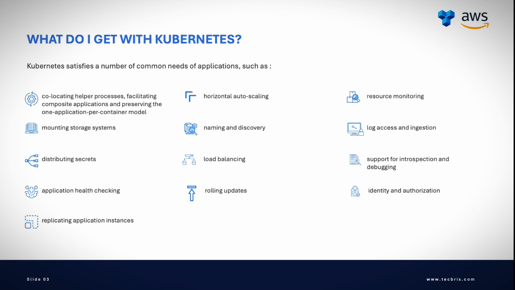Also, resource monitoring and logging is very hard, and securing the Docker container is also a very big challenge, including checking the application health and doing rolling updates. It does not have those features.